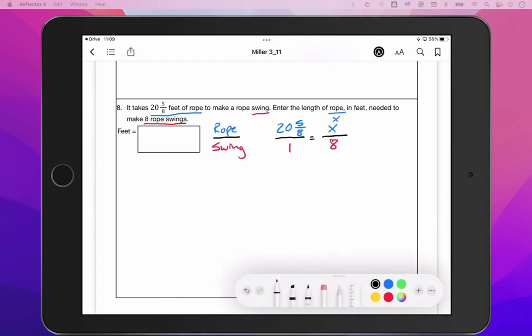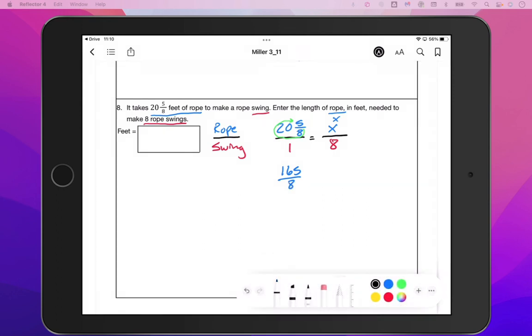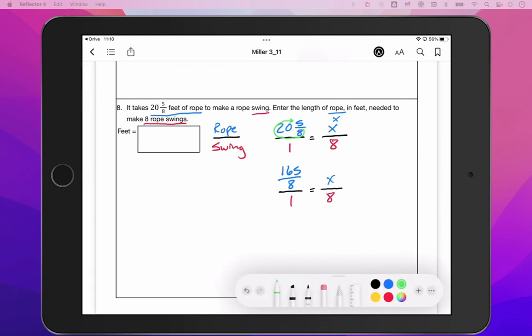And so again, for me, the easier way to handle these fractions is to do the G method and make it an improper fraction instead of a mixed number. So 8 times 20 is 160, plus 5 is 165 over 8, over 1 for one rope swing. And that brings us over here to x over 8. So again, we do our cross multiply divide situation just like we always do.